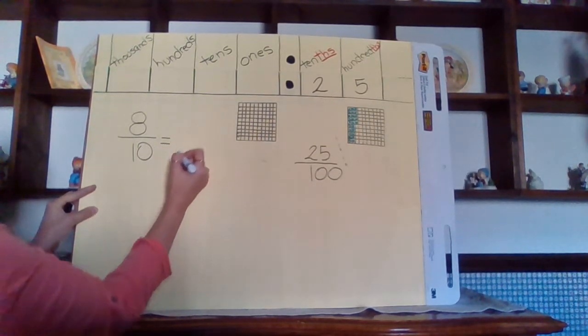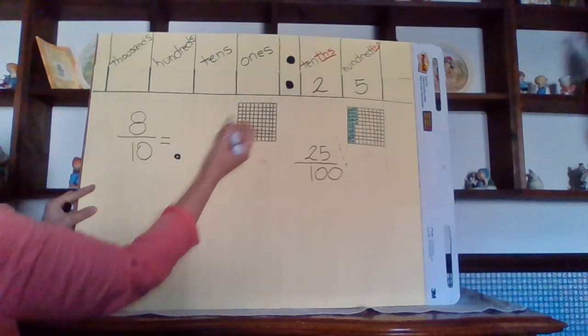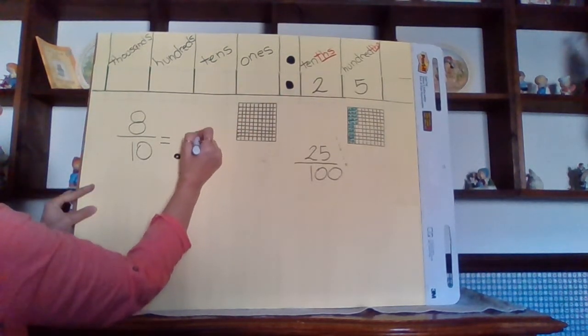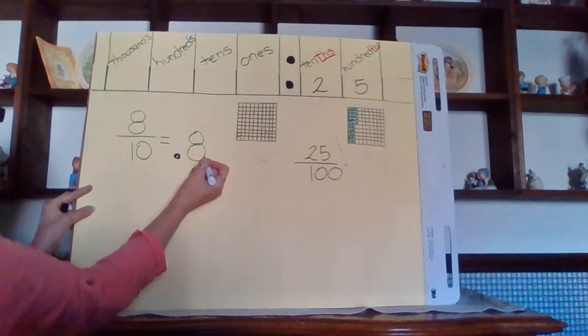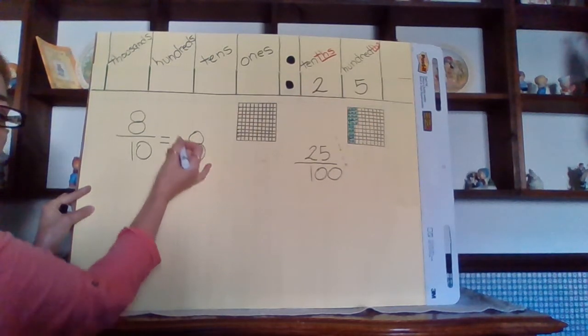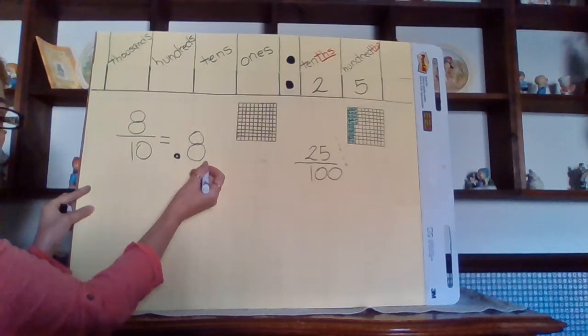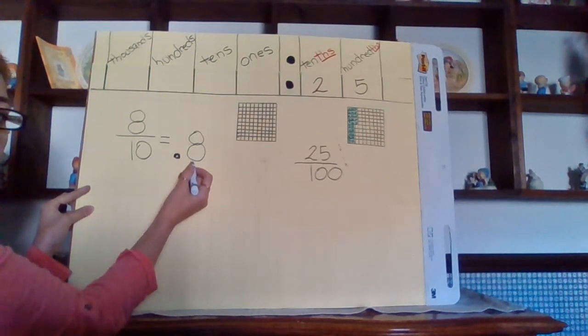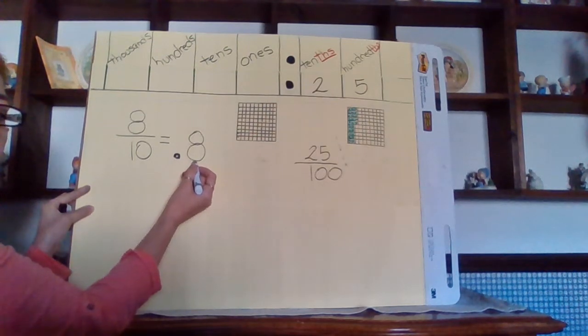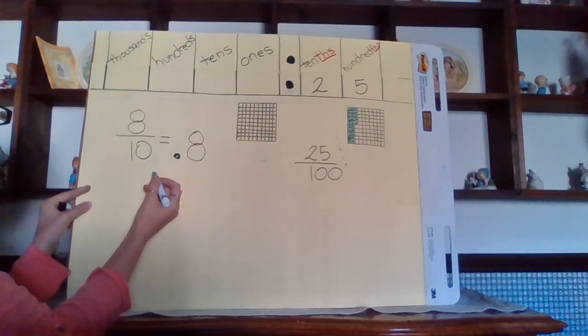So I'm going to have my decimal point, 8 in my tenths place. It would be 0.8 is how I would write 8/10, my fraction, and 8/10, my decimal. Now, we don't read this number as 0.8. We read it as 8/10.